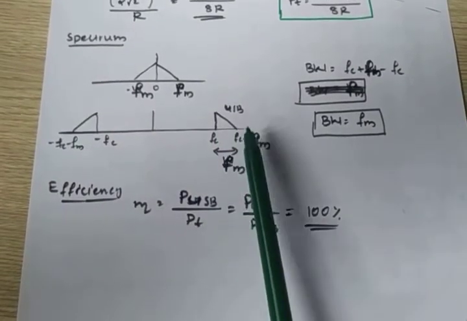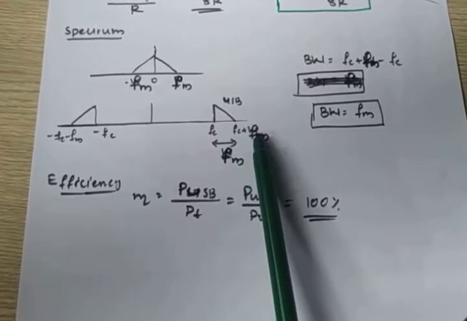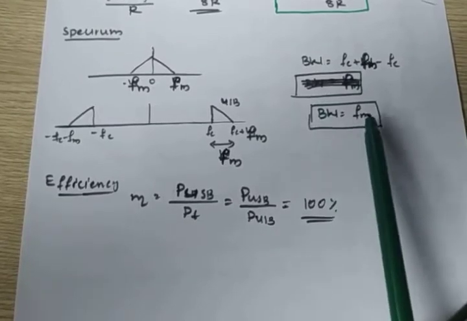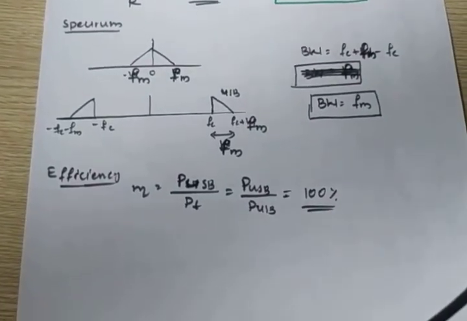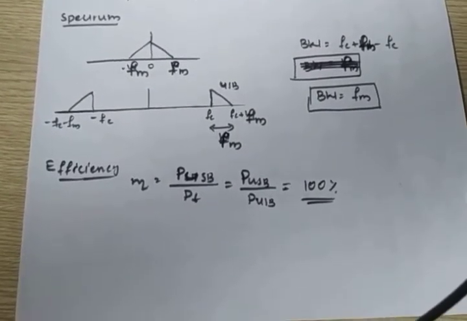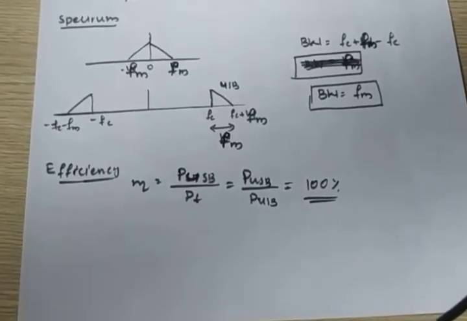But here the bandwidth is the upper frequency minus the lower cutoff frequency: Fc plus Fm minus Fc cancels out, so bandwidth equals Fm. In double sideband suppressed carrier the bandwidth is 2 Fm, in SSB it is Fm. That means bandwidth is reduced. That is the advantage here.